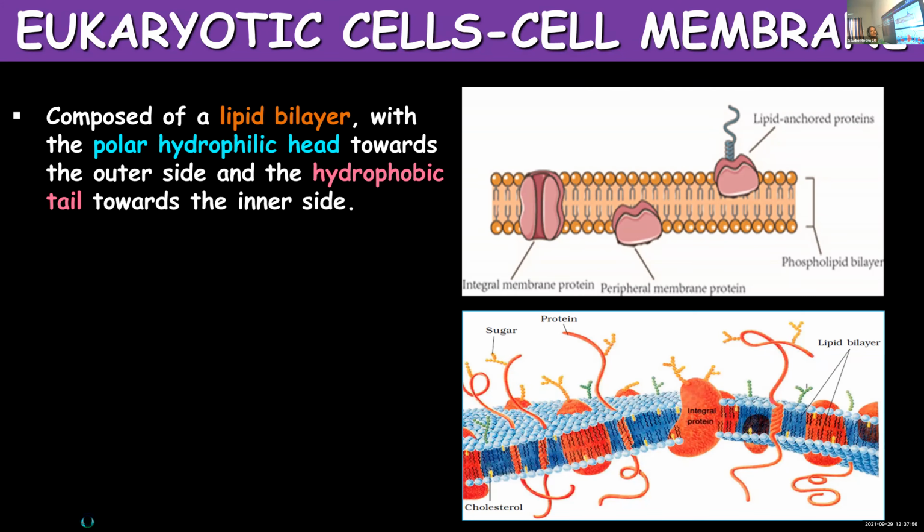But both in plant and animal cells, plasma membrane or cell membrane is present, composed of a lipid bilayer, two layers of lipids. As in the picture, you can see them arranged just like matchsticks in two rows.